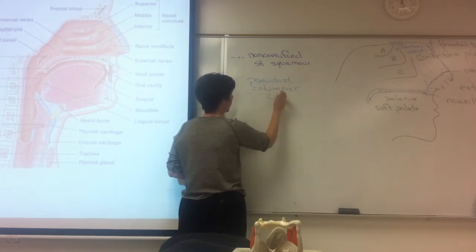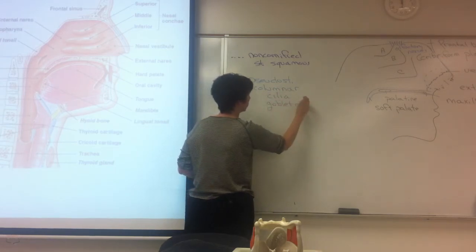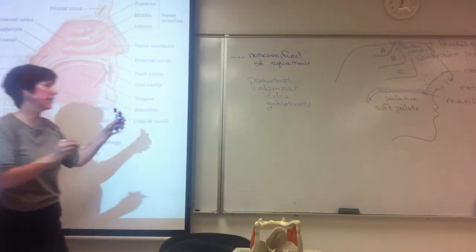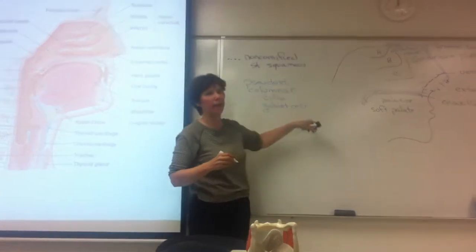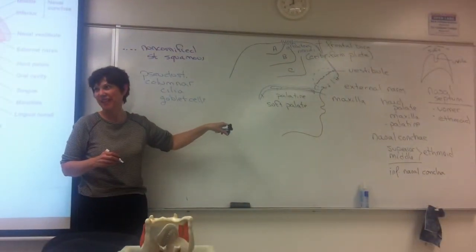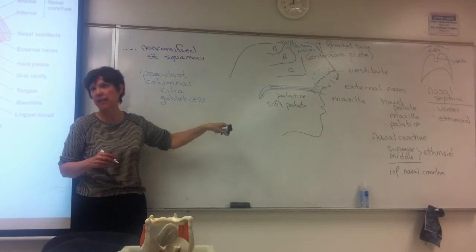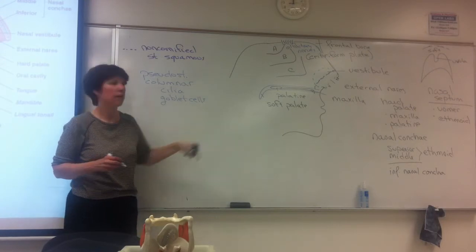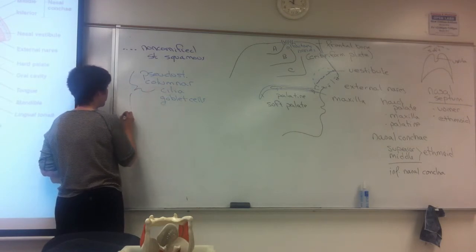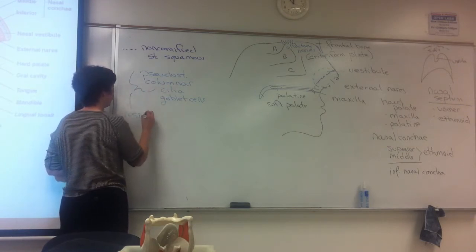But this is going to have cilia and goblet cells. So we're going to see this wherever we have primarily air flowing in our upper respiratory pathway and in the trachea as well. So because of that, this is also known as the respiratory epithelium.